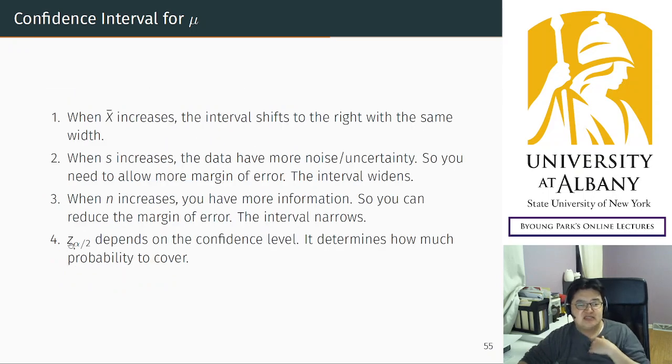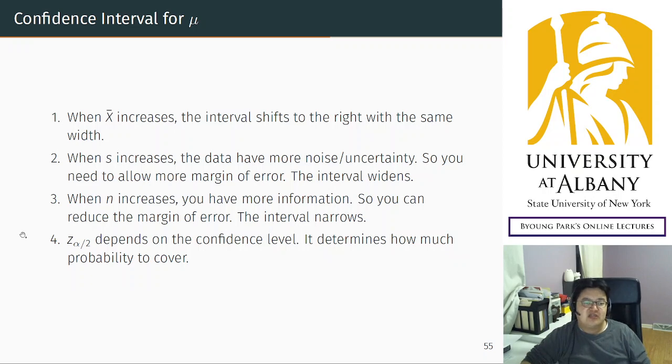And finally, z alpha over 2. The z value directly depends on the confidence level. So if you choose 99%, it will be bigger because to cover higher probability, you have to extend your interval. Or if you decrease the confidence level, then the z alpha value will shrink, so the interval will shrink.